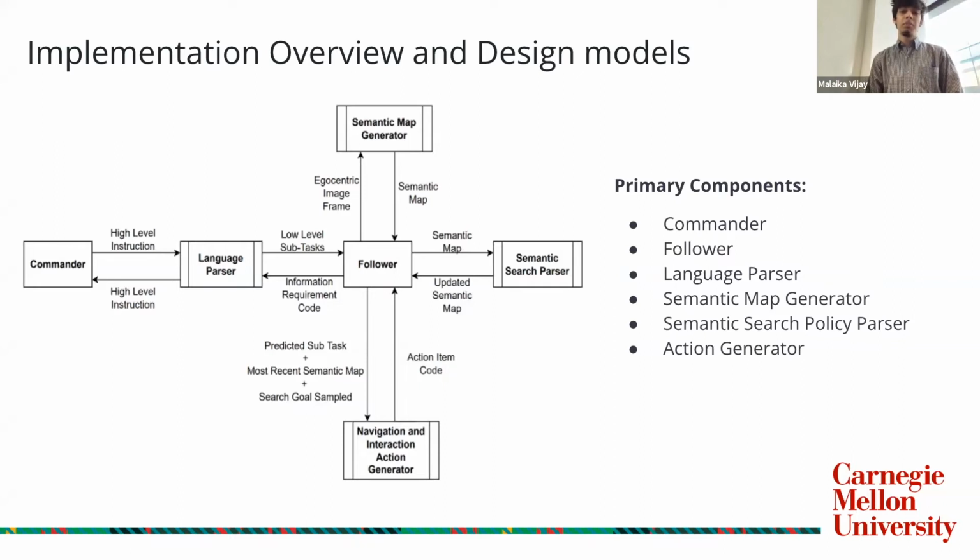This semantic map is updated with each iteration that the follower takes. Finally, the updated semantic map, along with the predicted subtask, subtask goal, as well as the goal location, is taken by the navigation and interaction action generator, and the final action that the follower is supposed to take is generated. And this process continues over time.